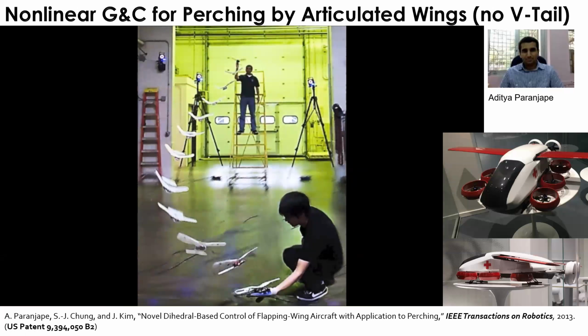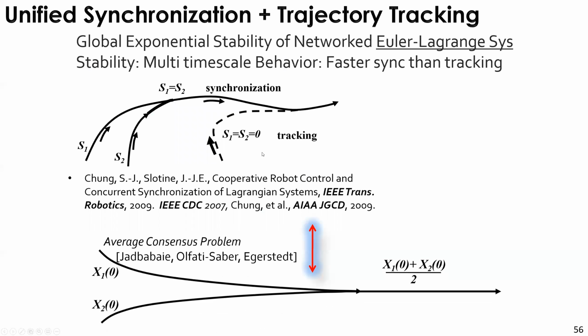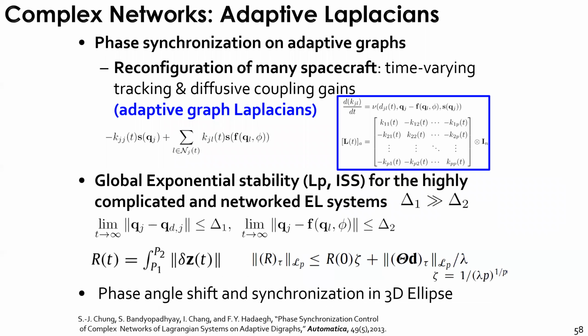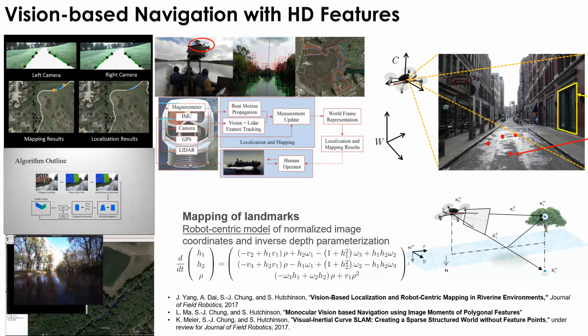If you remember my original paper in 2009 with Chung, we actually proved the combination of tracking control with nonlinear consensus synchronization. You can do some time scale separation so that they synchronize faster than the tracking control. That way you can characterize the robustness of your nonlinear controlled system.